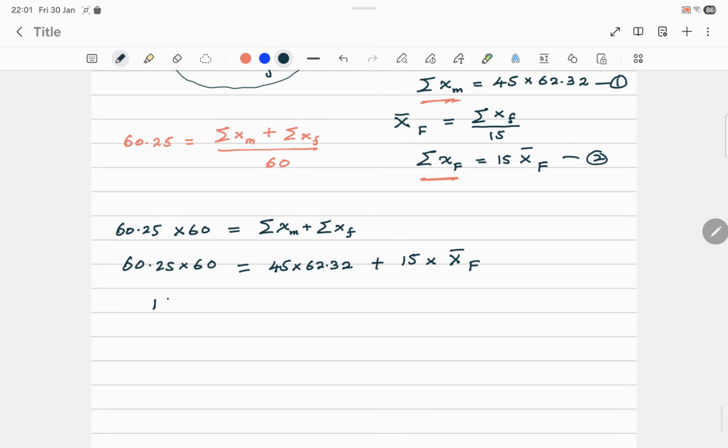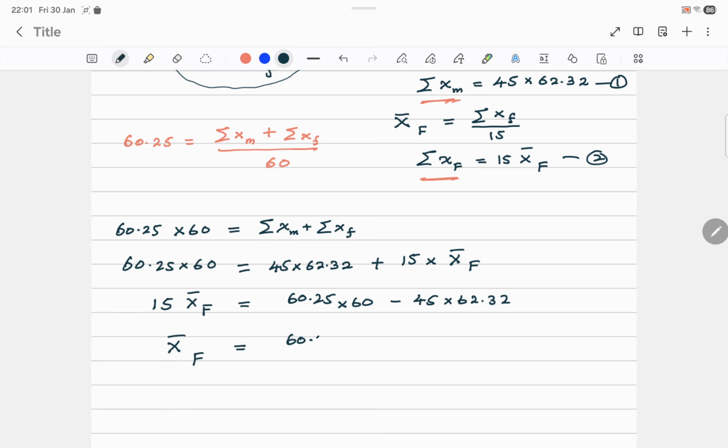So now 15 X bar f equals 60.25 into 60 minus 45 into 62.32. Next line we will divide everything by 15.